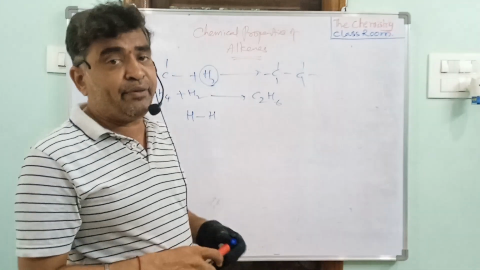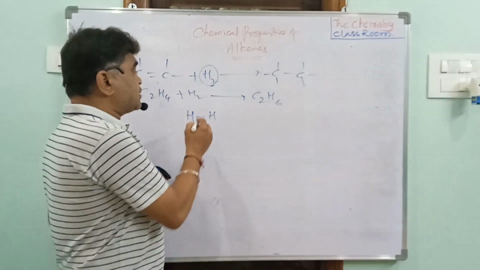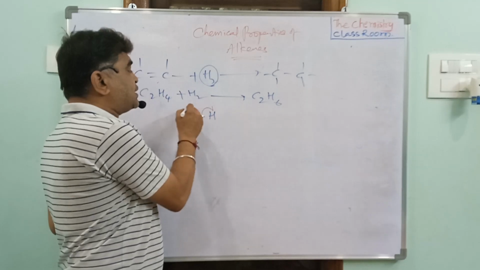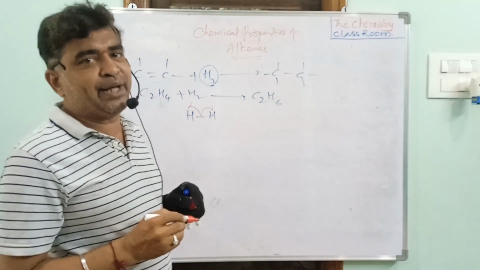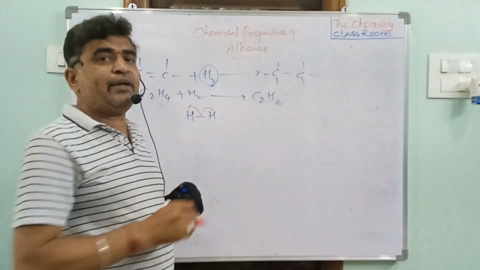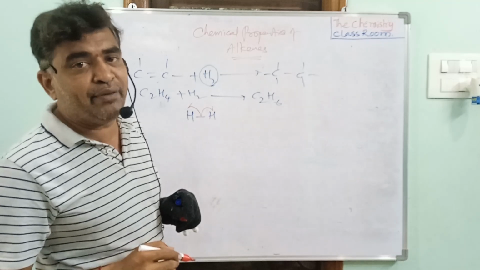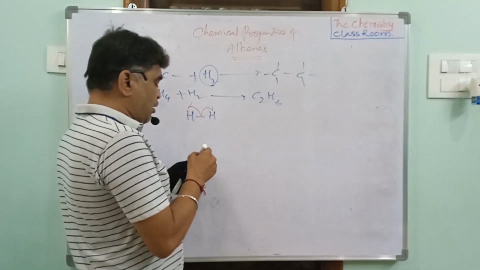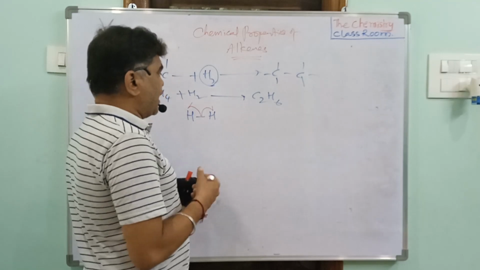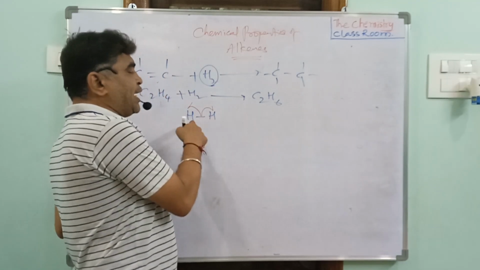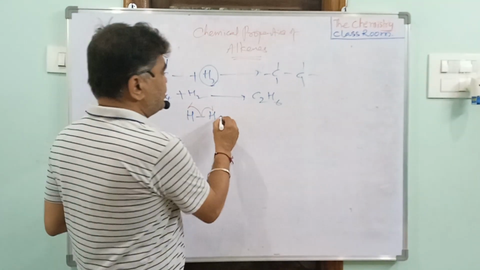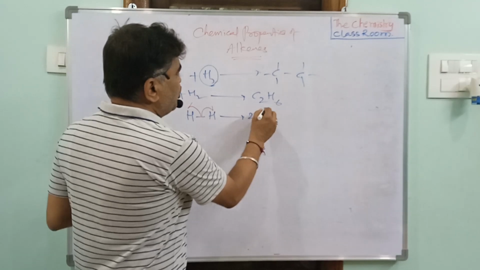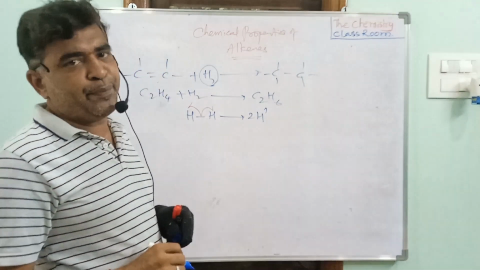So the electrons are pulled equally towards both hydrogens and the bond is cleaved equally. It is called homolytic cleavage. One electron goes to one hydrogen and the other electron goes to the other hydrogen, so you form two free radicals.